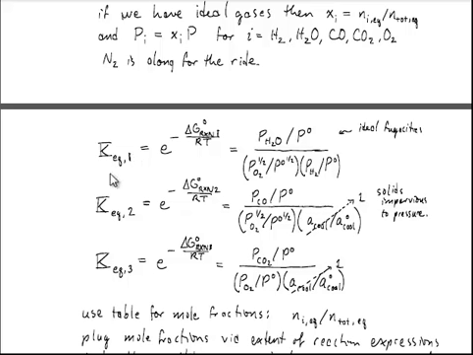So if we write down, using the ideal gas approximation, the equilibrium constants, then we have equilibrium expressions that look like this. For the first reaction, we have water as a product. We have reactants, half a mole of O2, and a single mole of hydrogen. So this is our equilibrium constant there. For the second reaction, we have CO as a product, half a mole of oxygen again, and solid carbon.